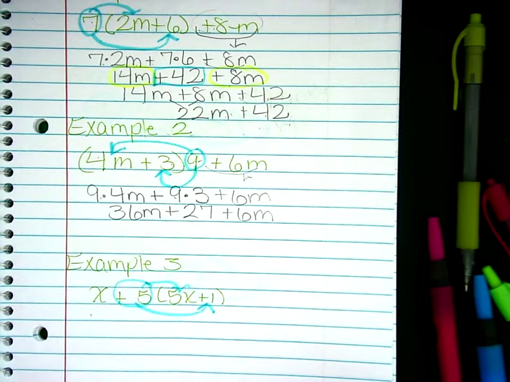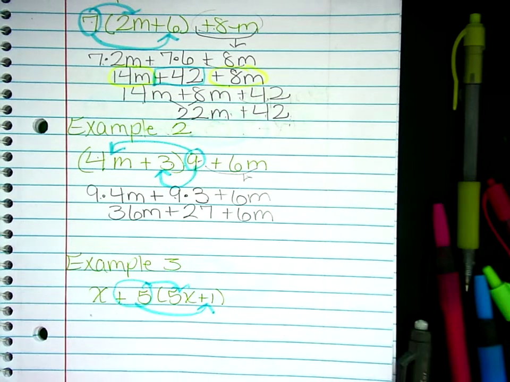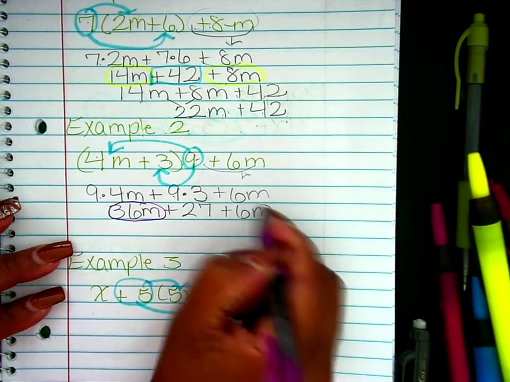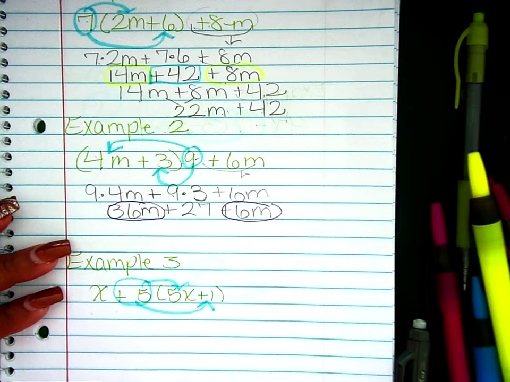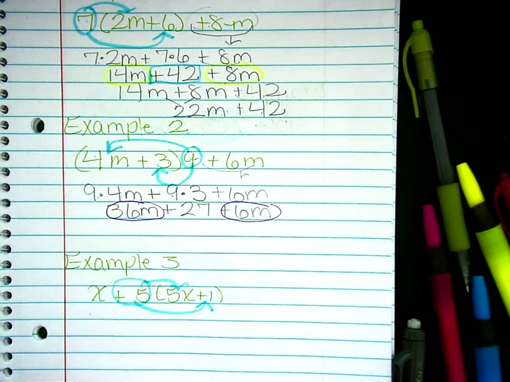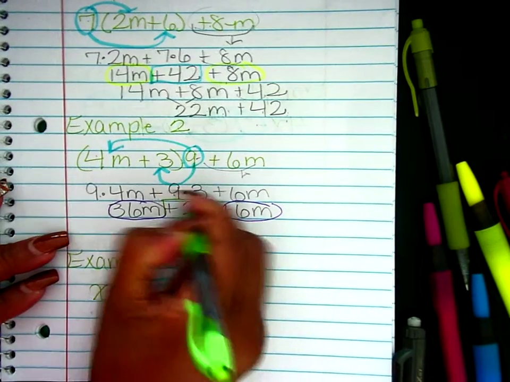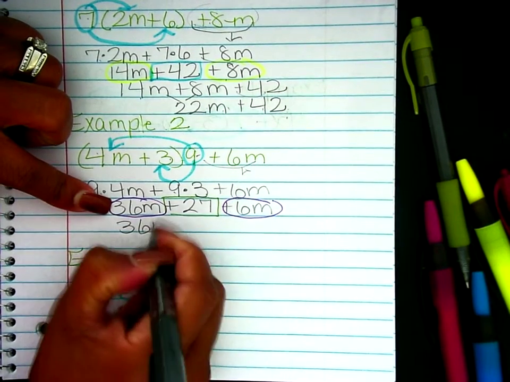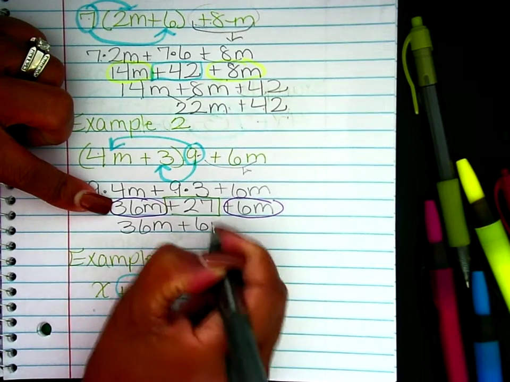Are there any like terms? Huh? What you say? Oh, good. You're getting on. You be like, oh, I got this. I'm glad you had this. We have 36m here and a positive 6m. So use your commutative property to switch it around. We have plus 27 by itself. So I'm going to rewrite it as 36m plus 6m.